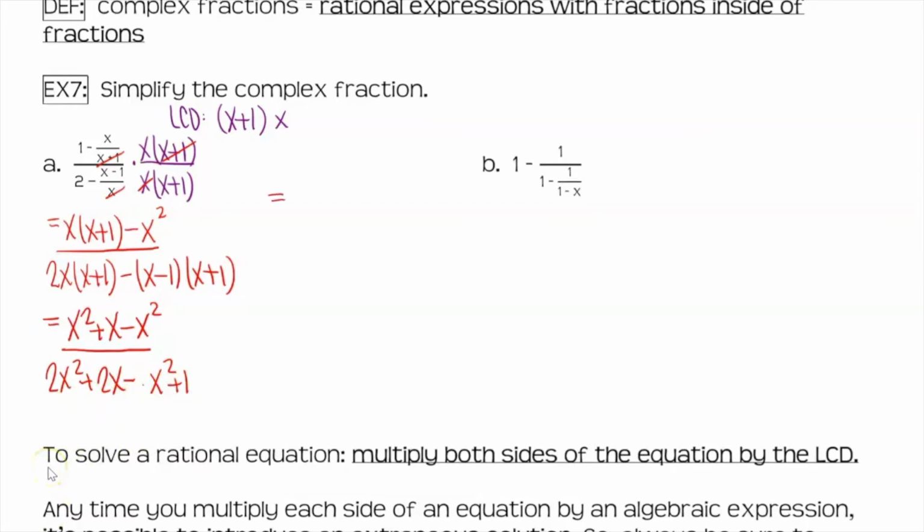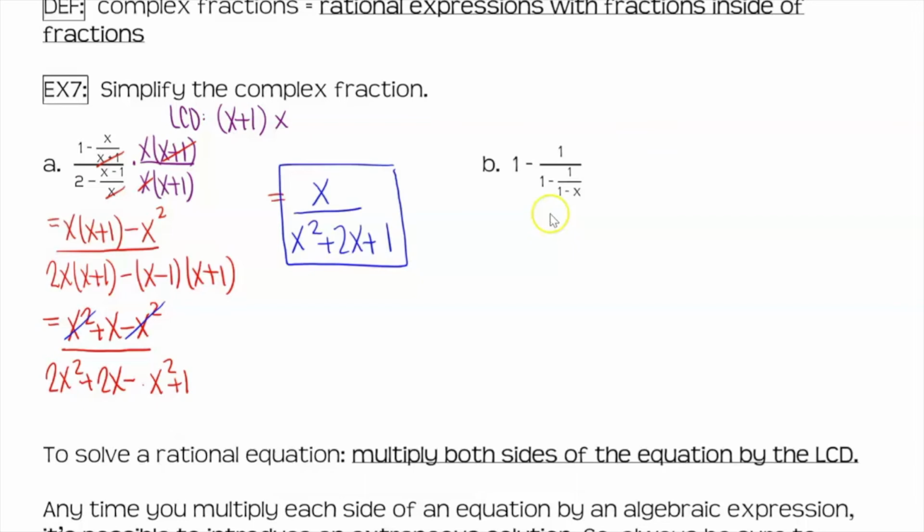Combine like terms, the numerator, the x squareds are going to cancel, and we're left with just x. In the denominator, we have 2x squared minus x squared plus 2x plus 1. Okay, and then that is much nicer to look at than this original nasty thing that we had.